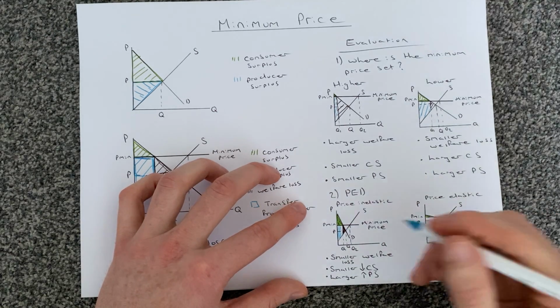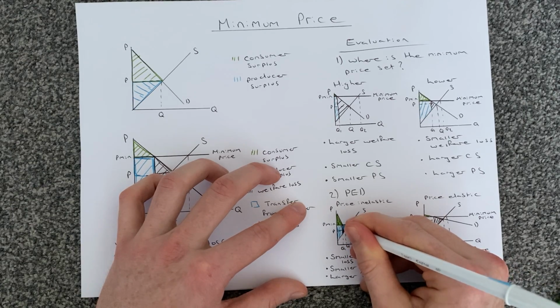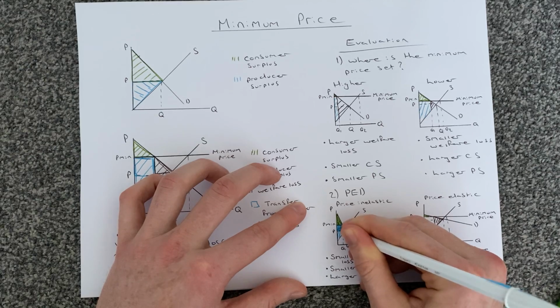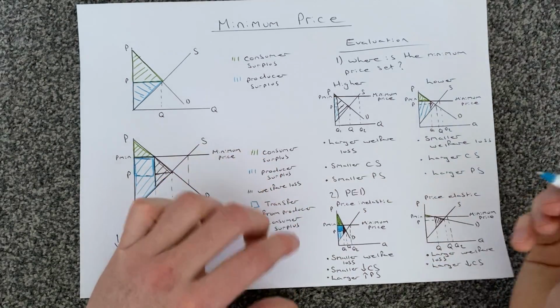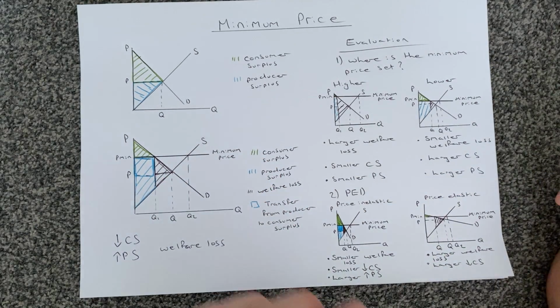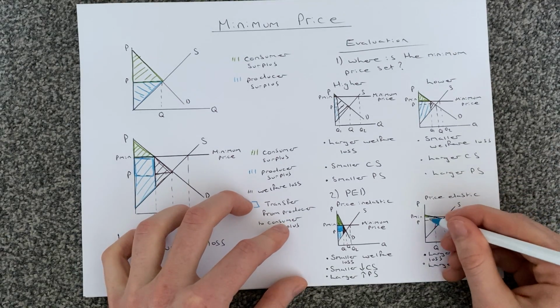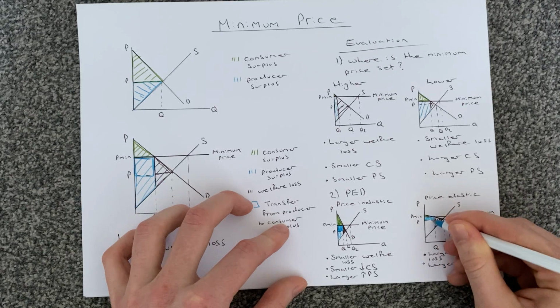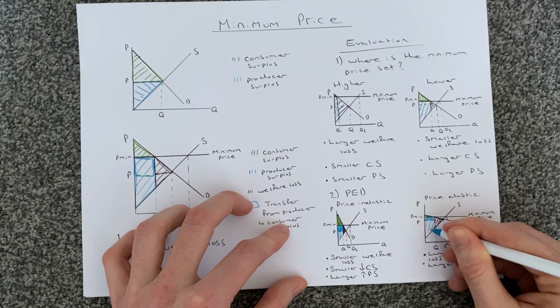This blue square, which I've just coloured in for visual effect, we can compare to the area that I'm scribbling in now on the price elastic one.